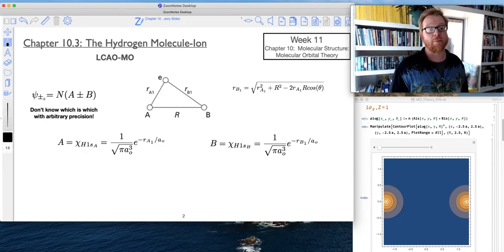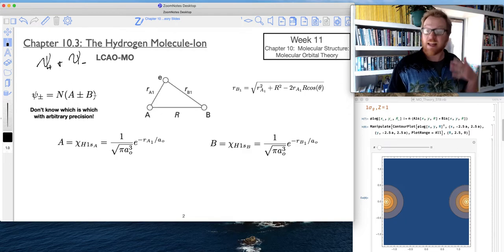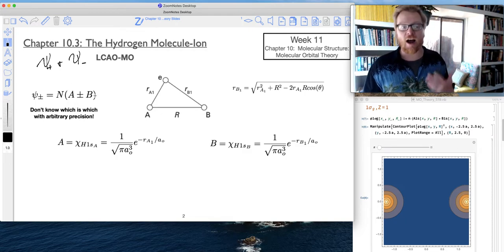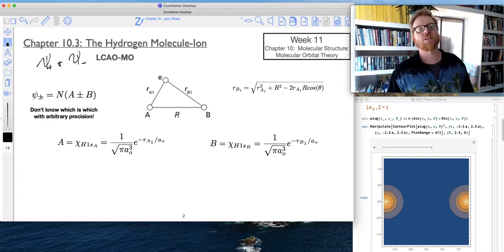We have to look at the positive solution, psi plus, and we have to look at the negative solution, psi minus. Psi plus is a normalization constant times a plus b. That's the linear combination of atomic orbitals. And of course, psi minus is then the normalization constant N times a minus b.